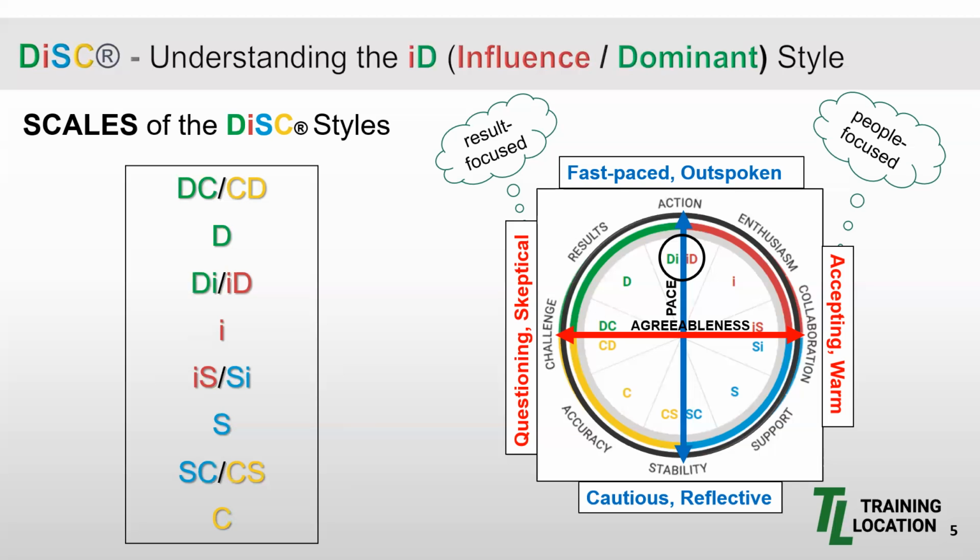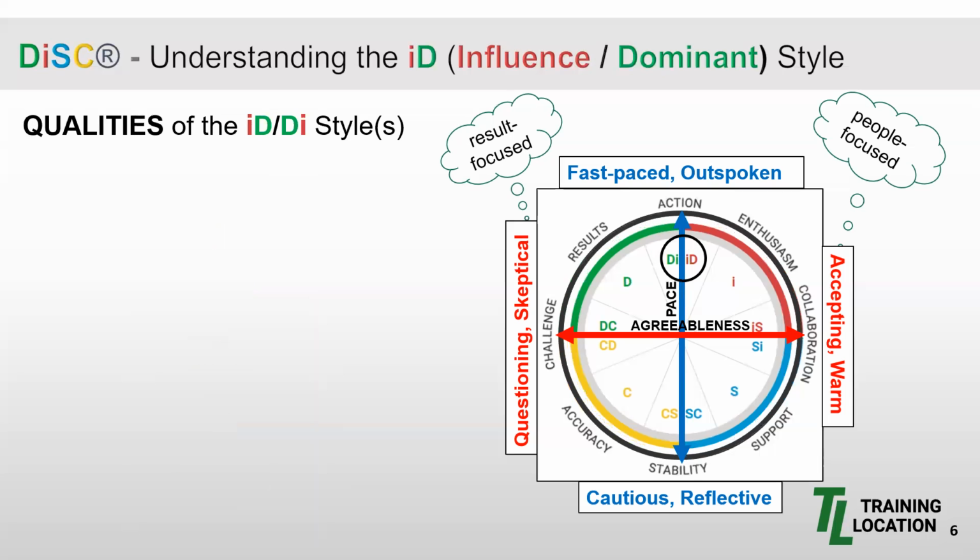Let me note here, though the ID and DI styles are separate and unique, you can consider the ID and DI styles as one scale when it comes to qualities, not in terms of their DiSC style, just the qualities. Let's take a look. So let's review the qualities of the ID/DI scale that include excitement, opportunity, and importance.